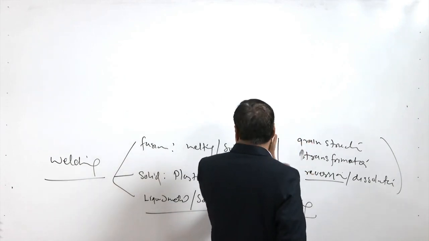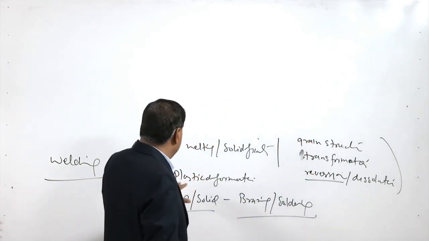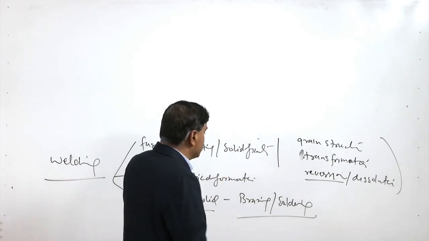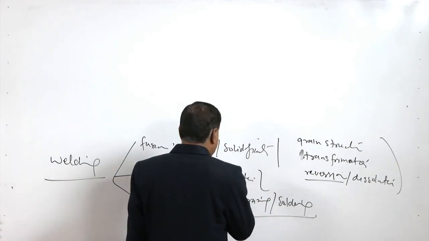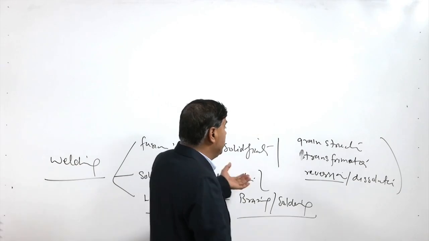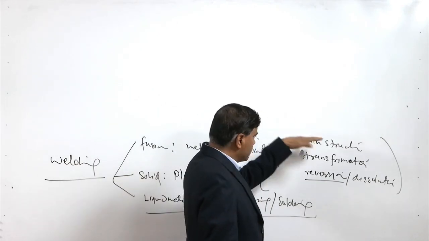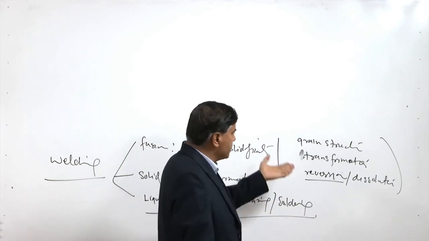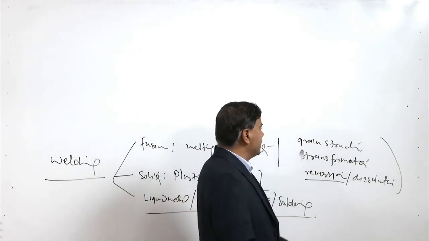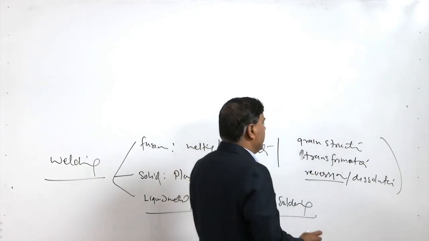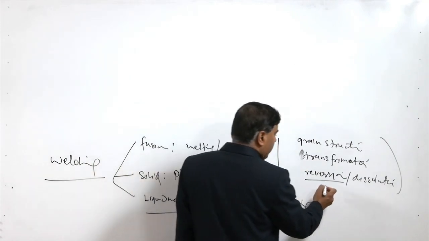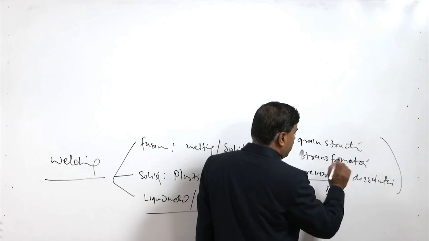Similarly, in case of plastic deformation also, these things are involved because a lot of heat is generated, which will lead to austenitization in case of the steels. Due to the extensive deformation, it also leads to a finer grain structure, as well as reversion and dissolution in case of the aluminum alloys and the precipitation hardenable alloys.